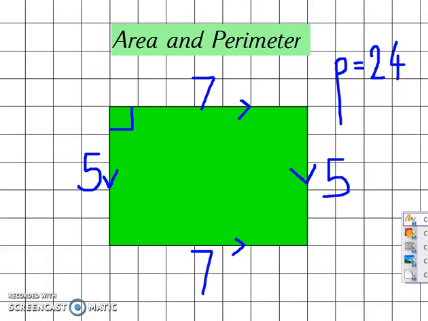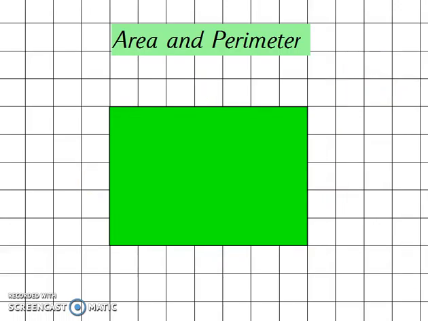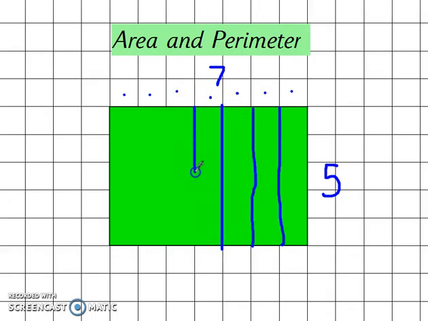If I was asking you to find the area of a shape, then I would ask you to multiply. So I'd say 1, 2, 3, 4, 5, 6, 7 along, and 1, 2, 3, 4, 5 down. Now, if I was to put my actual lines in, to make you see all of the squares in this shape, this is what my multiplication is going to do, but in a really quick way.